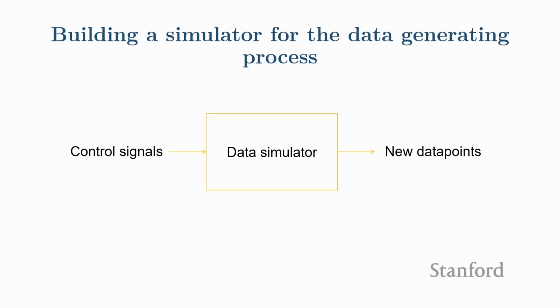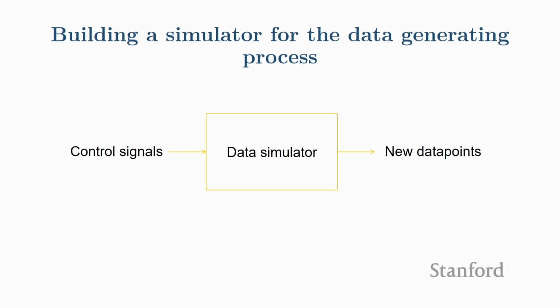And this is useful because often we're going to be interested in simulators that we can control through control signals. We'll see some examples of the kind of control signals you might want to use to control your generative process. For example, you might have a model that can generate images, and you can control it by providing a caption of the kind of images you want.